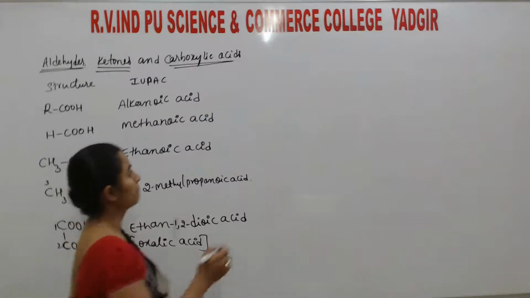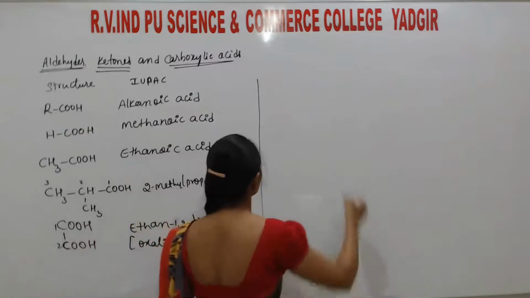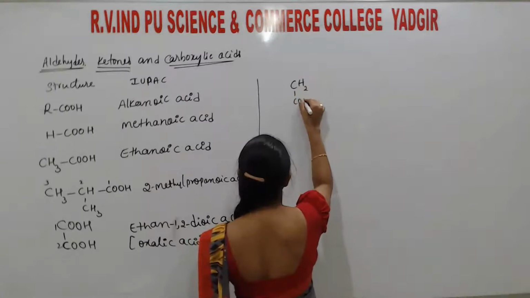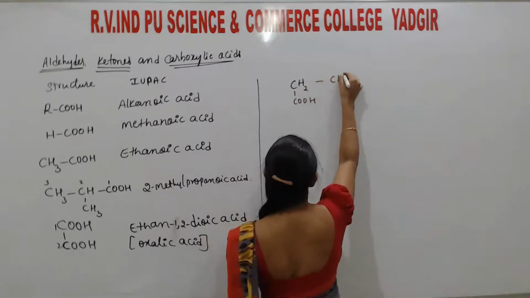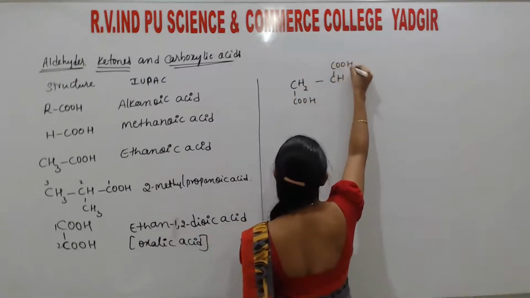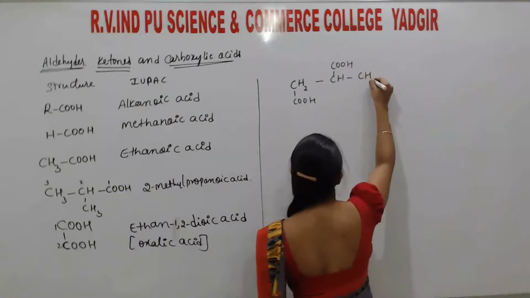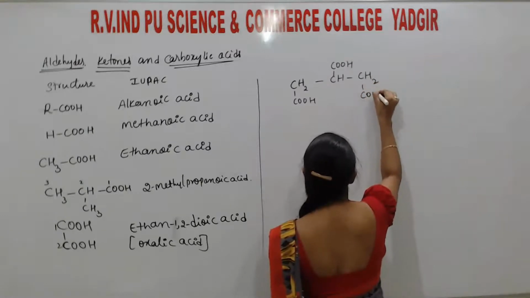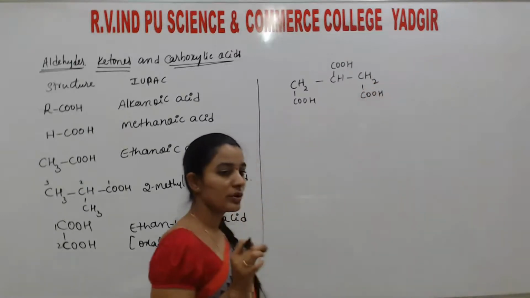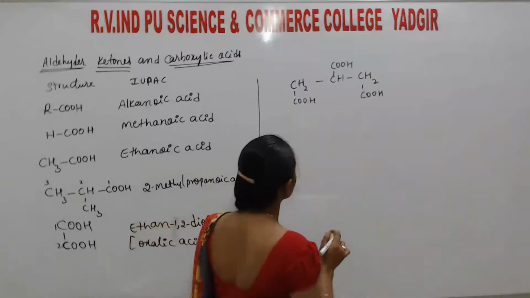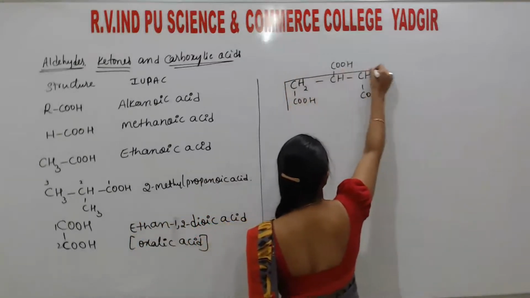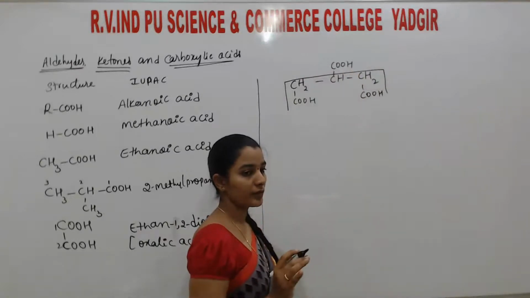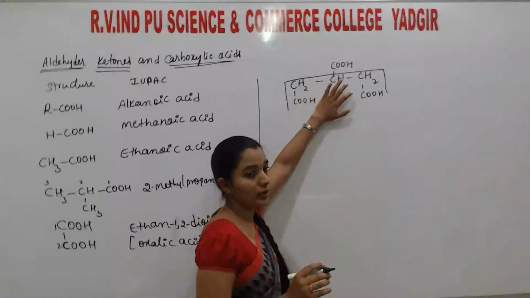Okay. Next, listen. If CH2COOH is there, CHCOOH is there, then CH2COOH. Students, if we consider this one as the parent chain, this COOH group will be left out.